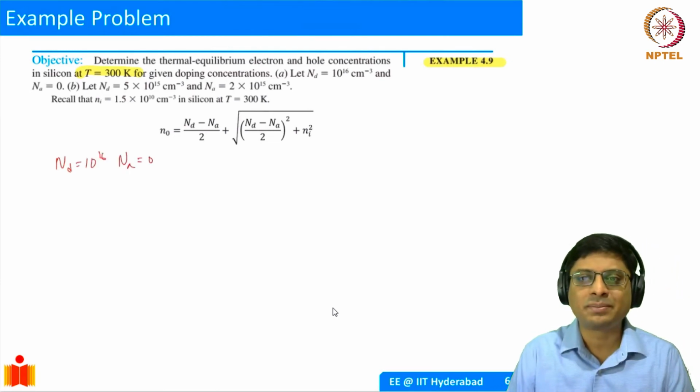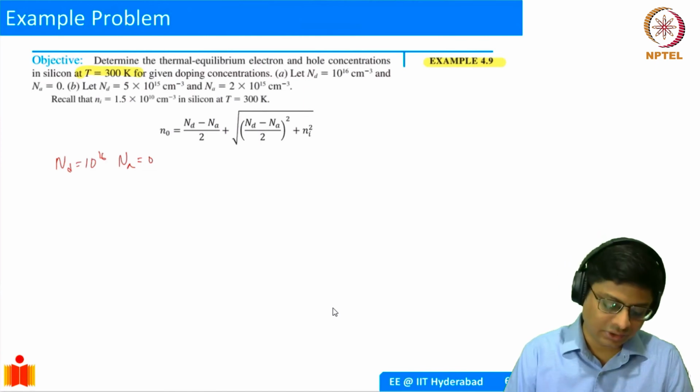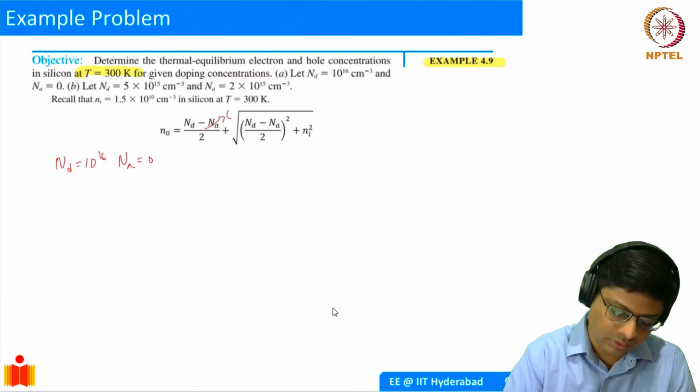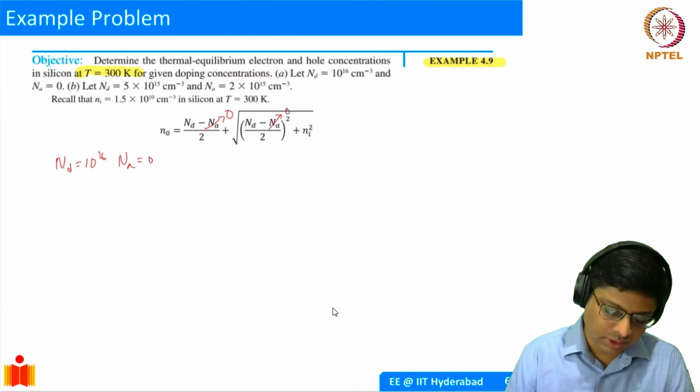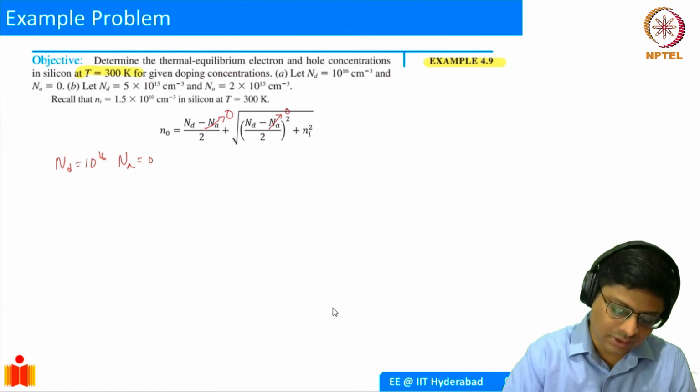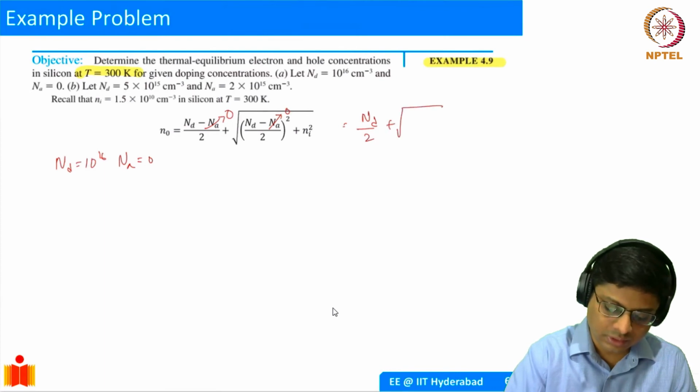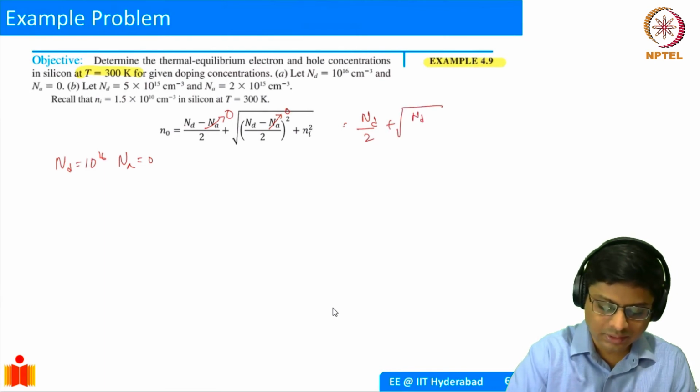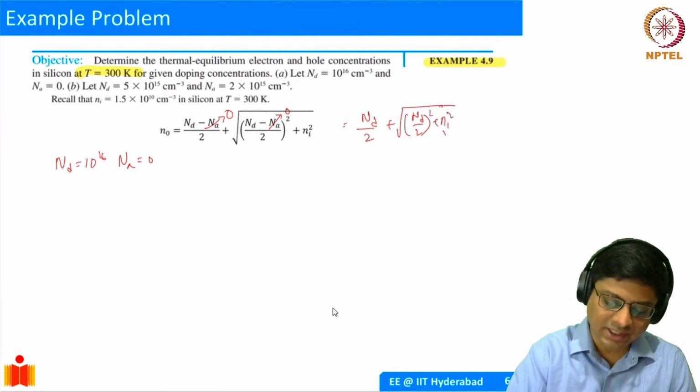If your Nd is 10 power 16 and Na is 0, so basically this goes to 0, and so you have essentially Nd by 2 plus square root of (Nd by 2) whole square plus Ni square.